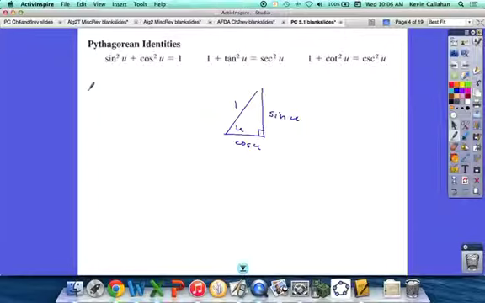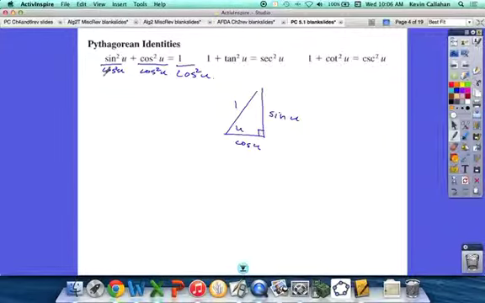Okay. Now, I start with sine squared plus cosine squared equals 1. And I divide both sides by cosine squared. What is sine squared divided by cosine squared?